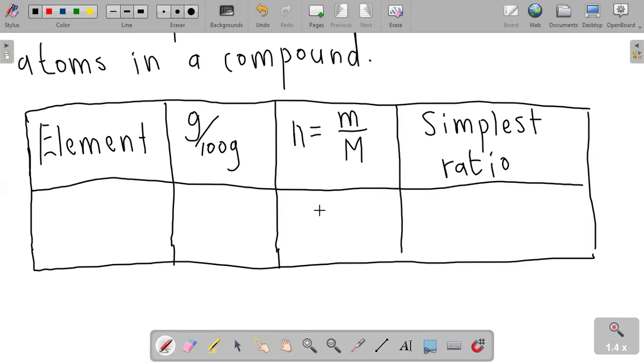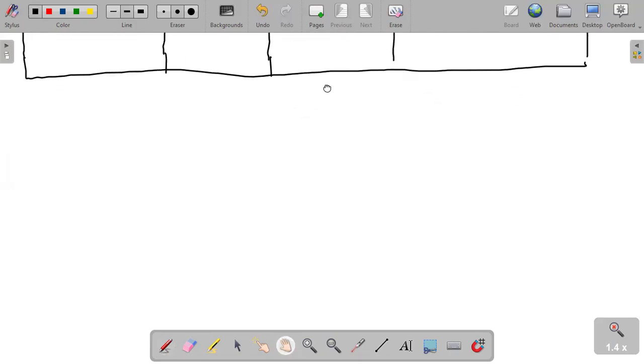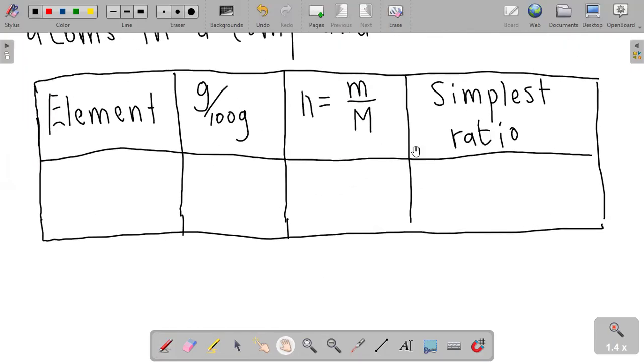I will show you when we do an example, because the percentages are given in many cases. This table is not given in the exam, so you should know it by heart.